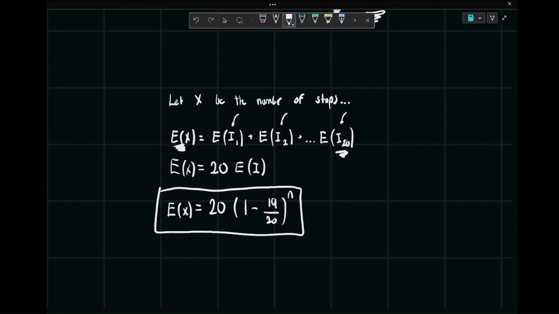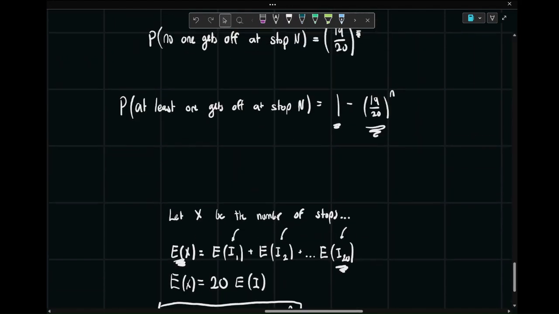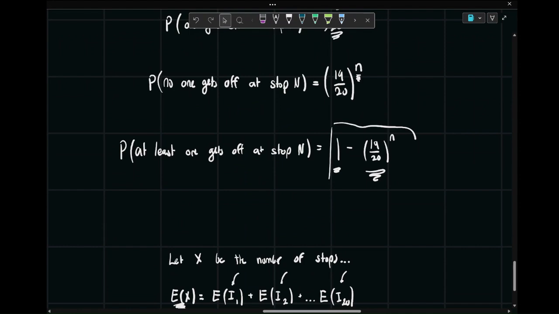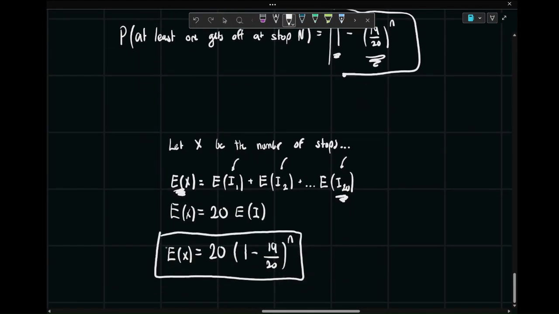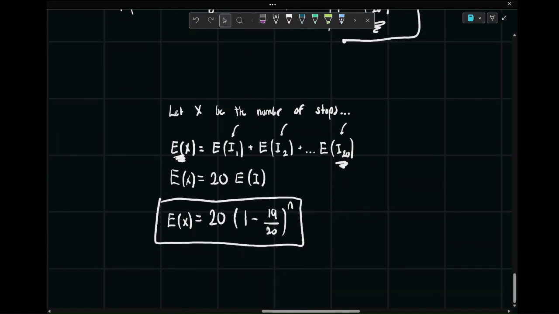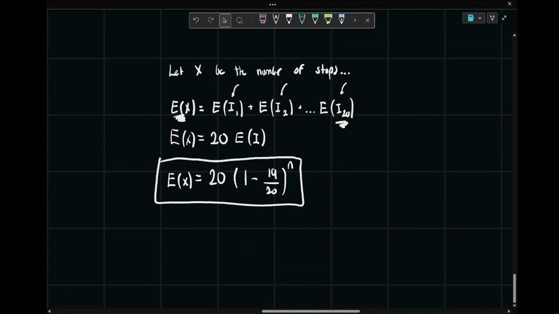And since they all have equal probabilities, we can sum these all up, and it'll be 20 times the expected value of I, which is equal to this number here. So we can plug that in, and then we can get an expected value for the amount of bus stops this bus will take.